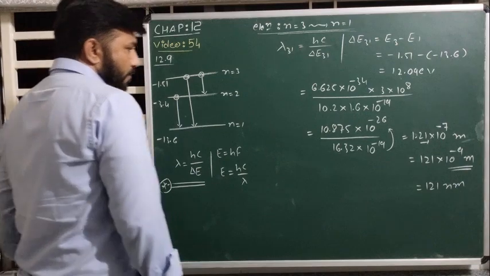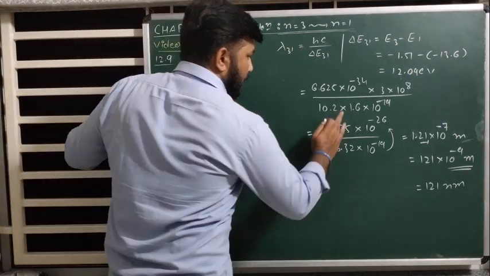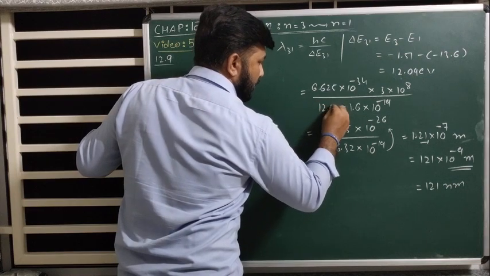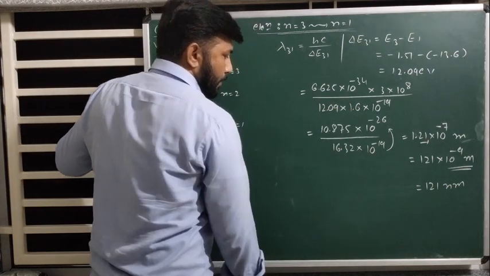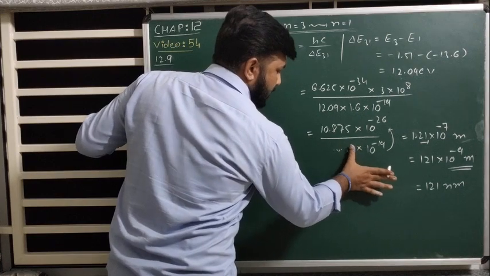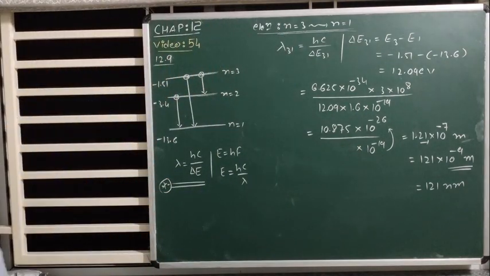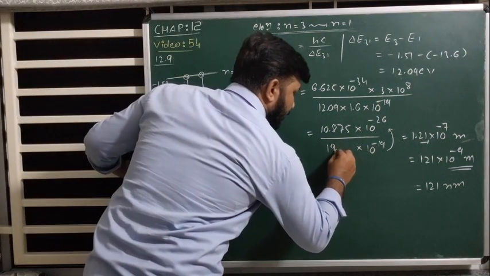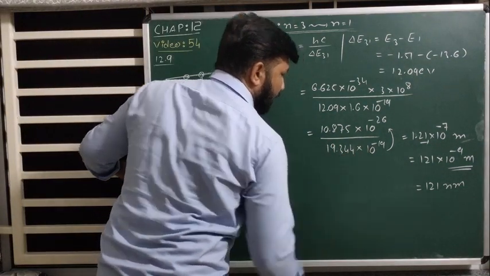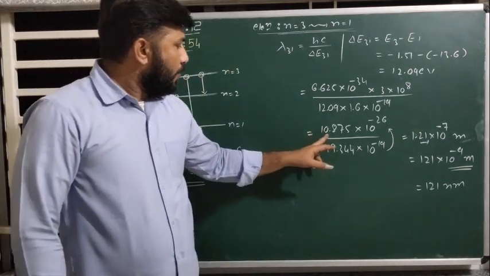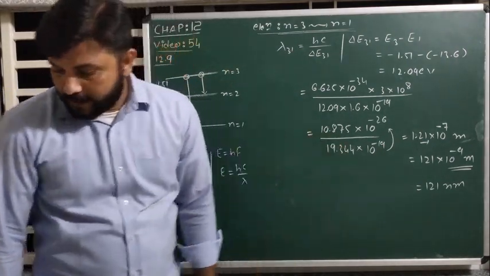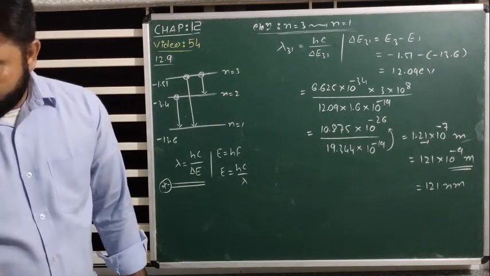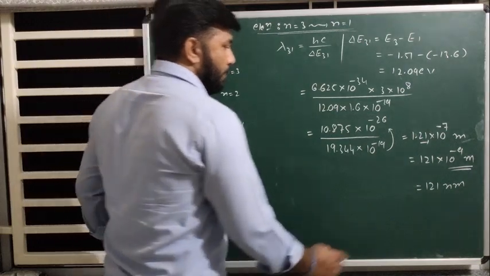Just one change here: 12.09 multiplied by 1.6 becomes 19.344. So 10.875 divided by this, do the calculation, you will get 1.027.